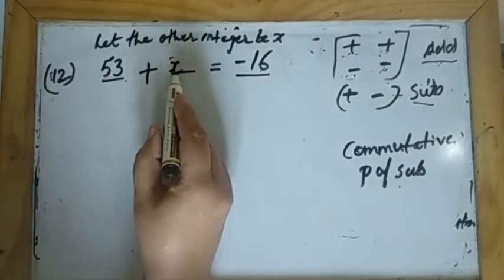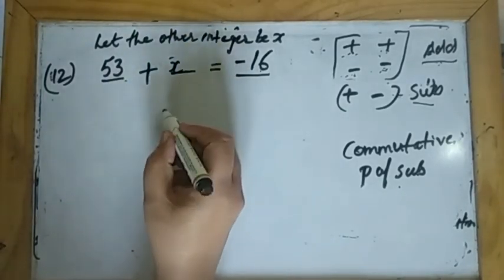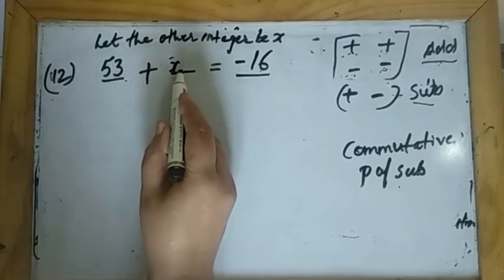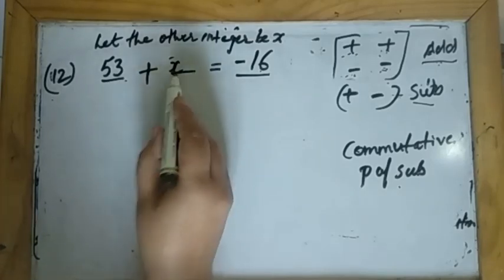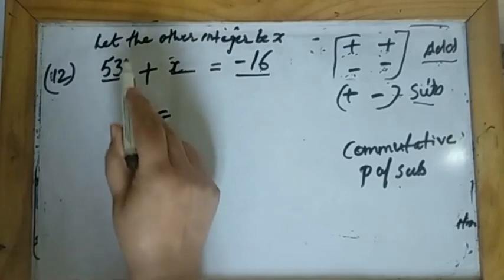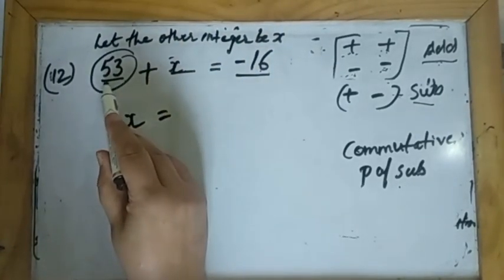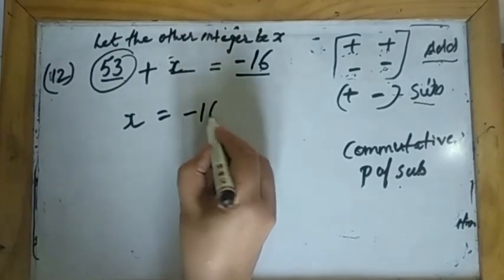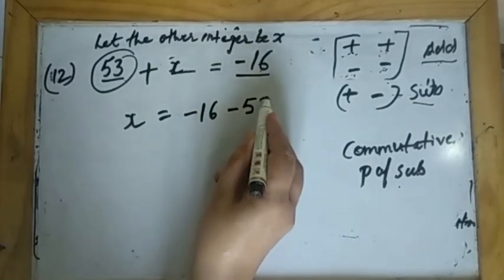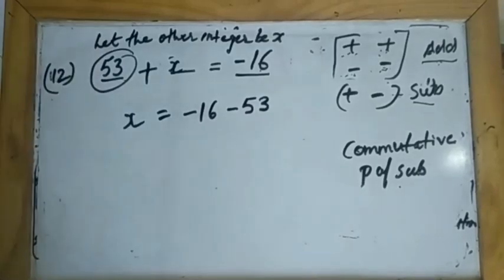find the second integer. So I will take it as x. Now this becomes an equation. You have learned in your previous class how to find the values of x. So I'll keep x this side and I will shift 53 to the other side. Now here it is positive 53, other side it will become negative 53.